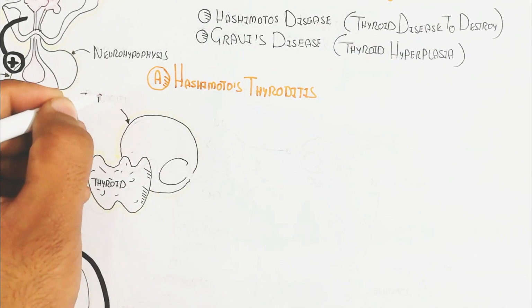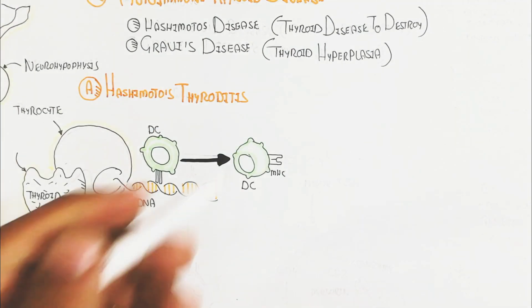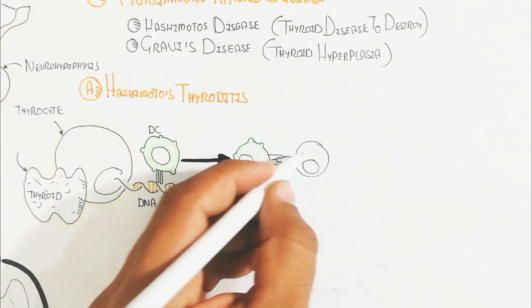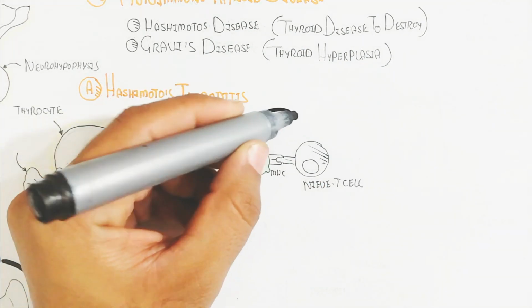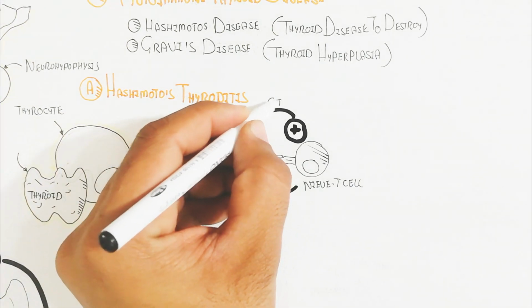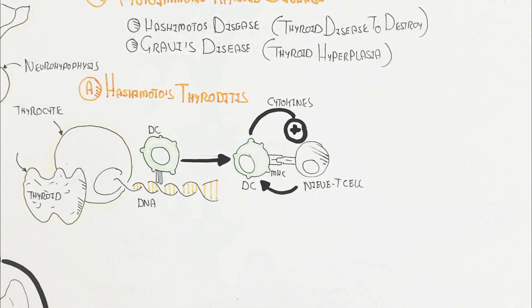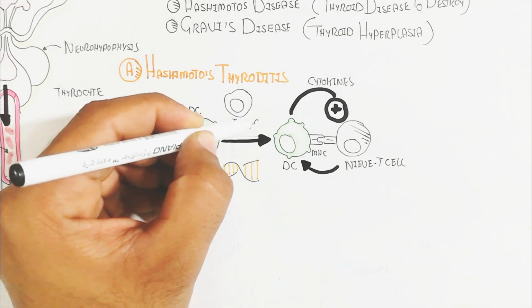for normal body metabolism. So first, let's begin to understand Hashimoto's thyroiditis. Hashimoto's thyroiditis is basically antibody dependent. Here the dendritic cell detects the antigen and goes to the naive T cell in the lymphatic system and recruits through cytokines.